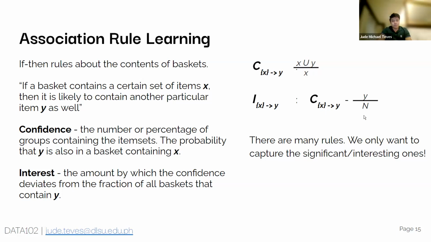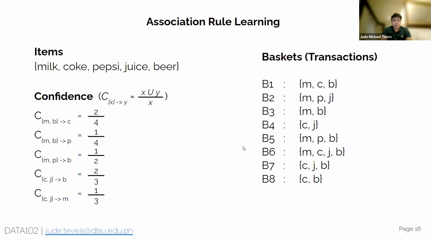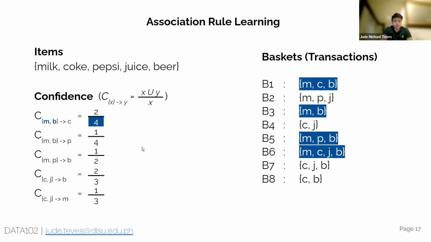There are many rules that we can have in our data set, the thousands for a typical data set, but we only want to capture the significant or interesting ones. So let's try to compute the confidence first. So assuming the same data set, same transactions, we compute the confidence for the different item sets. Let's focus on the first row first.